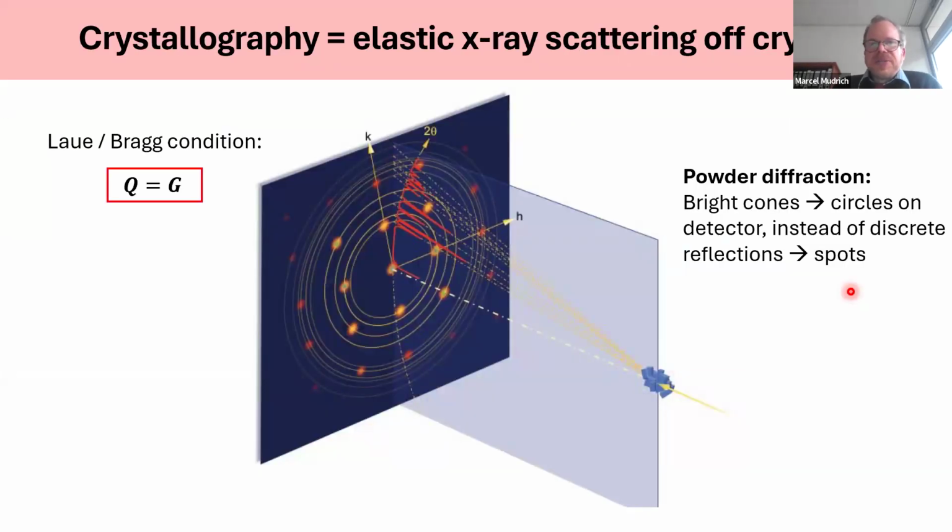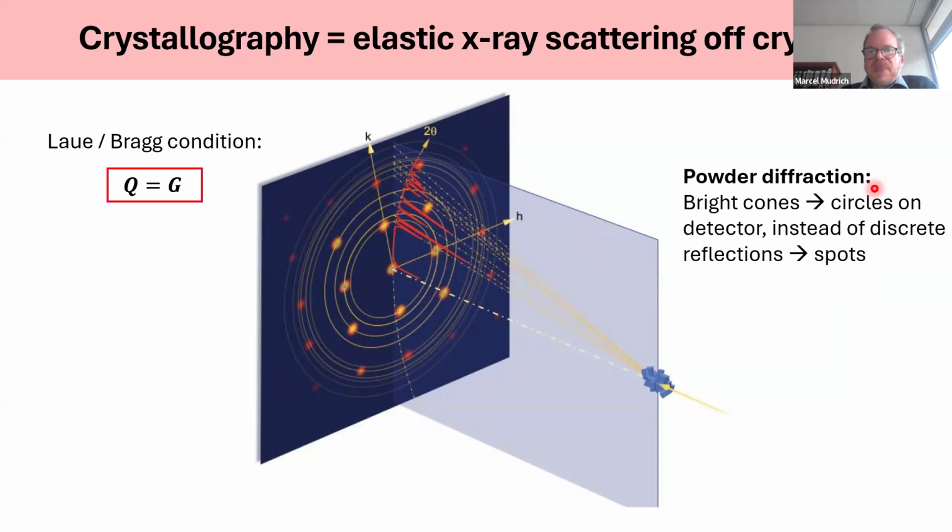Just to maybe also recall from your solid state physics and X-ray scattering course, there is yet another technique that is also still being used today, which is called powder diffraction.